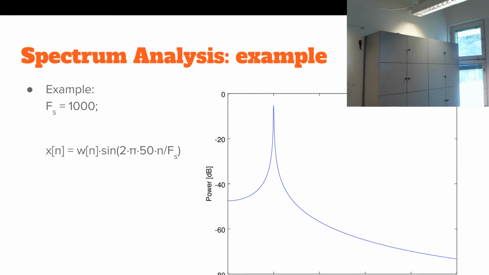So I already said you have n samples at the sampling rate. You also have n samples in the FFT. This is only half of the signal.